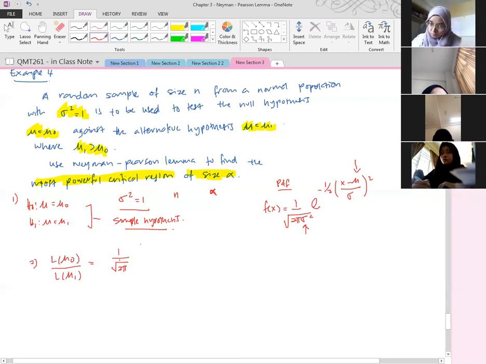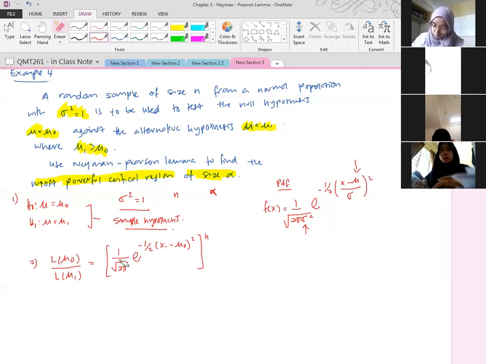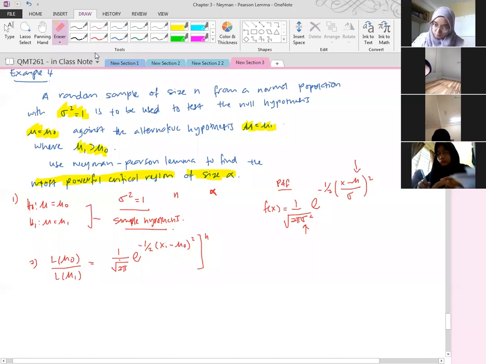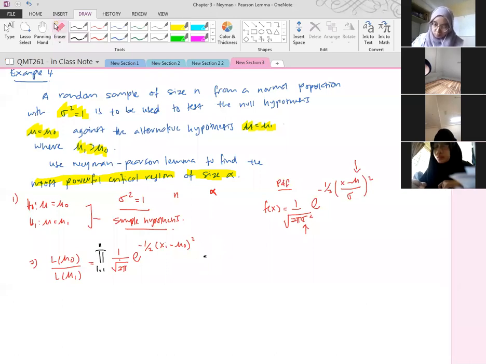So exponential negative 1 over 2 (xi minus mu naught) squared. So this is to the power of n, right? Initially we do a joint probability distribution, right? So it should be the joint probability from 1 until n. So it becomes to the power of n, right?